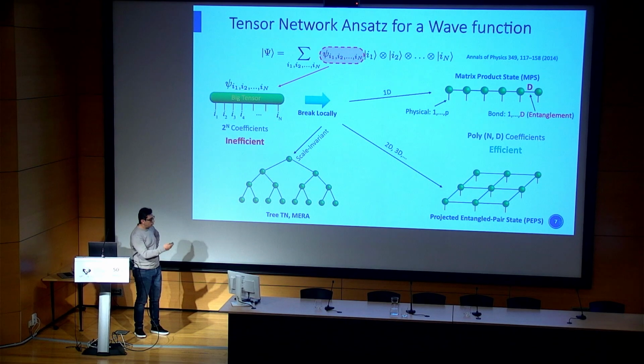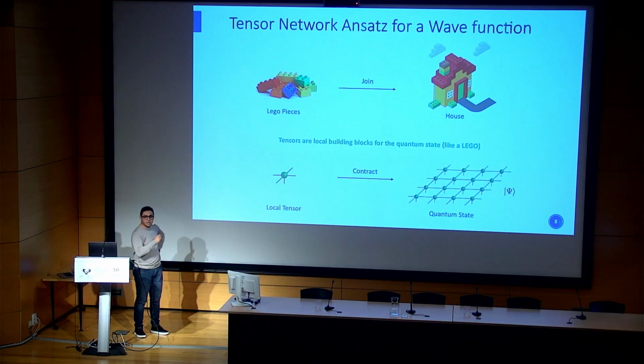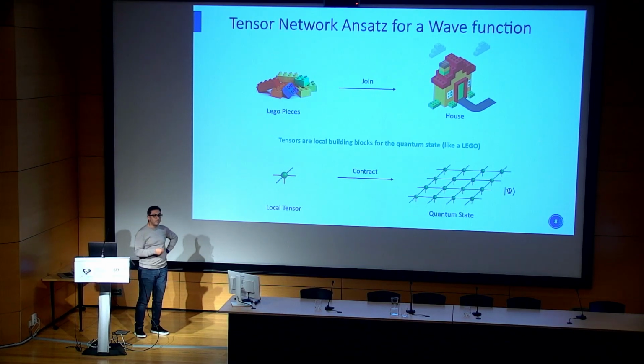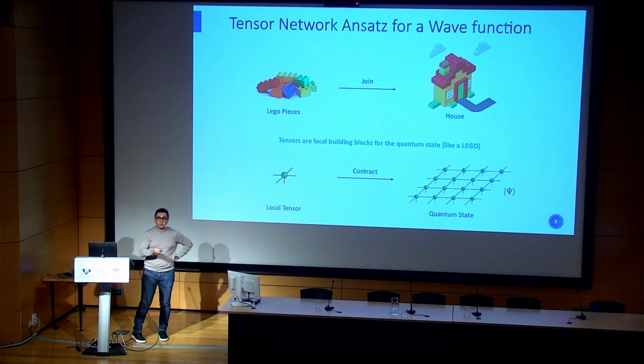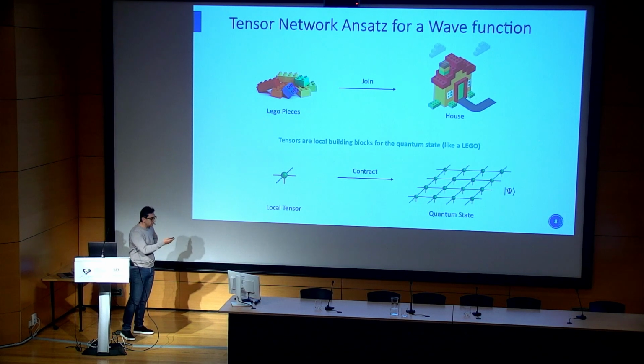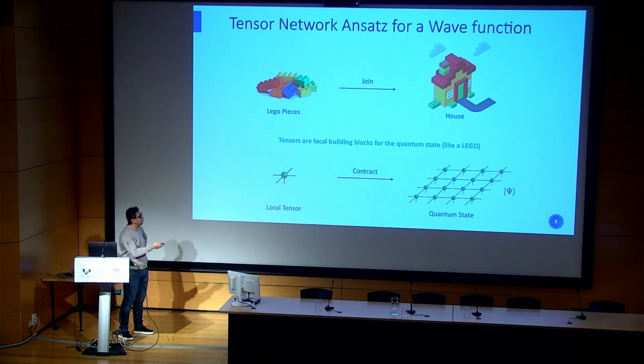In a very short sense, tensors are like pieces of Lego that you can put together to build an object such as a house. Here you can also glue these local tensors together and create a quantum state. But the point is that now you have a much more efficient representation of your quantum state, which works for representing many quantum states.